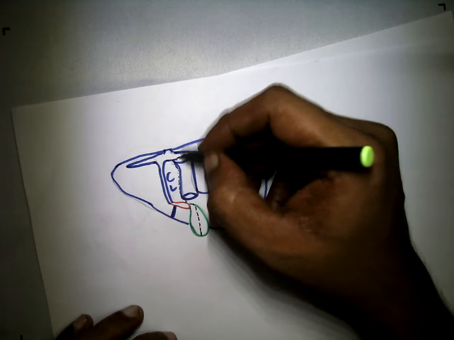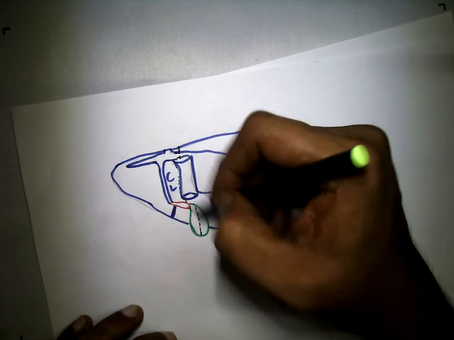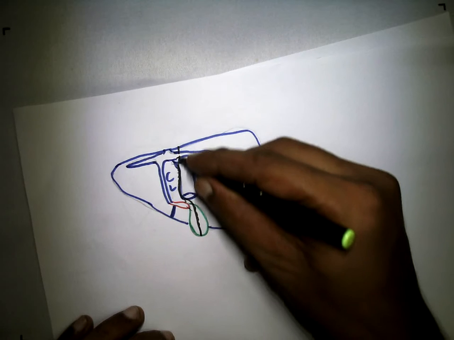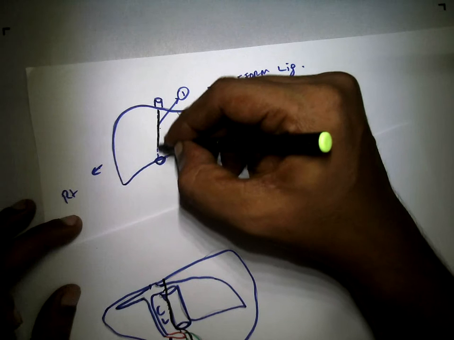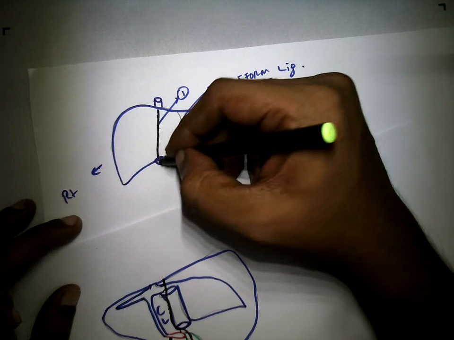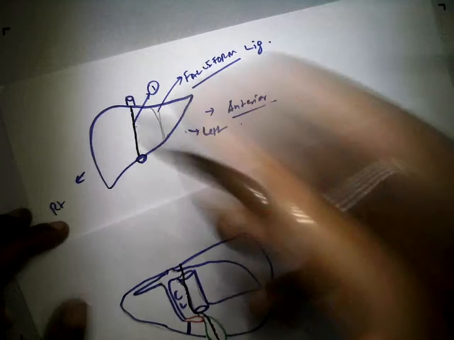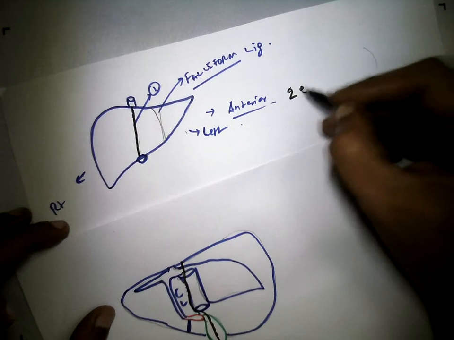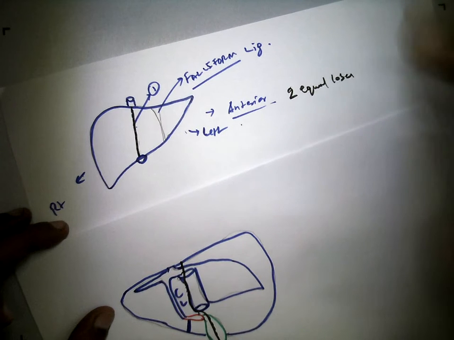Here we have the first imaginary plane coming from the other side, and the same line continuing anteriorly, from the cystic notch to the groove for the inferior vena cava. These lines will divide the whole liver into two equal lobes.